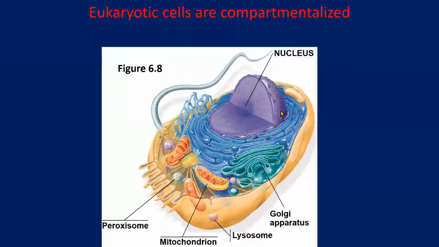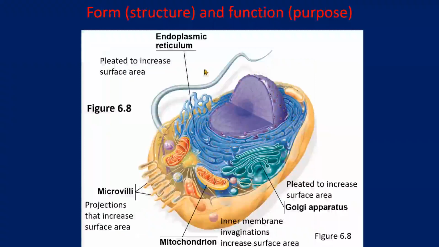And just next to this nucleus, you will see this blue structure, which is endoplasmic reticulum. The endoplasmic reticulum has two sides: the rough side and the smooth side.